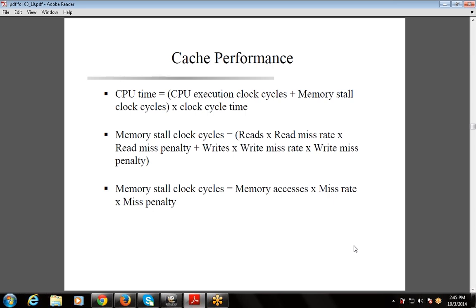Then what are the memory stall clock cycles? That is reads times read miss rate times read miss penalty, plus writes times write miss rate times write miss penalty. That is the time taken to read the data, including the miss and the penalty, for both reads and writes. Again, memory stall clock cycles equal memory accesses times miss rate times penalty.